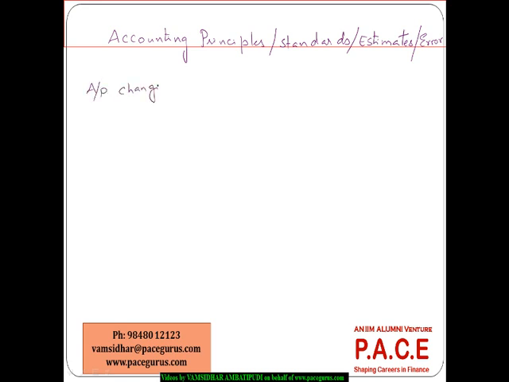So when I say accounting principle has changed, the company might have moved from one accounting principle to the other. Probably the depreciation. It might have changed from the straight line depreciation method to the accelerated depreciation method, right? So now when it has changed from one method to the other, what is typically expected is, apart from explaining the reason for the change, there is a retrospective application.